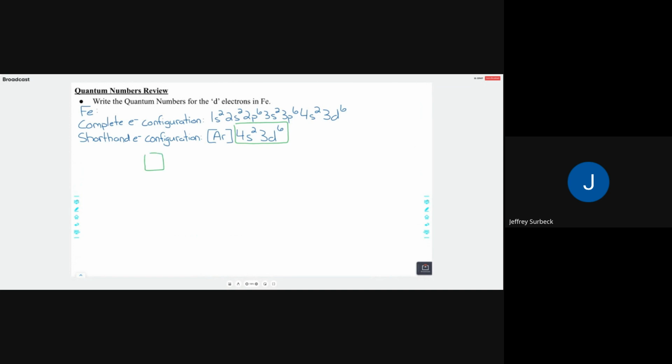To identify that it's a 4s level, we would put 4s. Before we start adding electrons, I want to put in my d subshell, which contains 5 d orbitals, and so we draw them as 5 boxes connected together. We would label this as the 3d level.